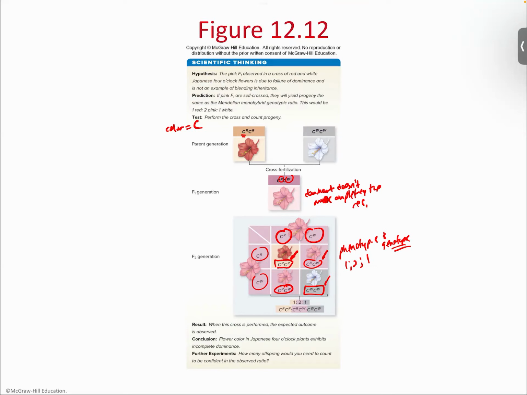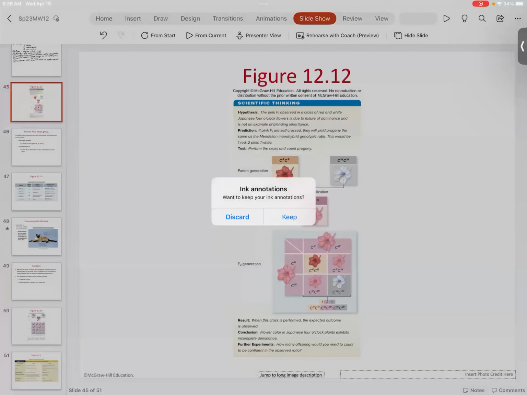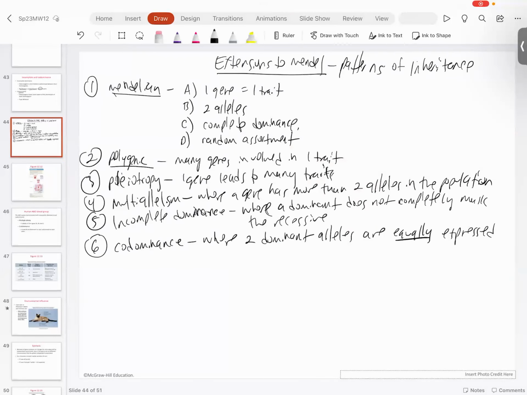And if the answer is no, then the question is, what's the rule set, right? Because that's basically what we're looking at. We're looking at essentially our patterns of inheritance, right? Which is essentially rules by which genes will segregate. And so we have the Mendel's rules, we have polygenic rules, we have pleiotropic rules, we have multi-allelic rules, incomplete dominance rules, and codominance rules.